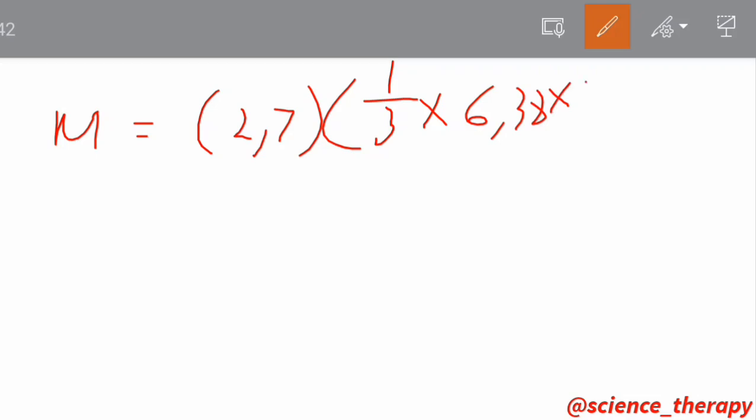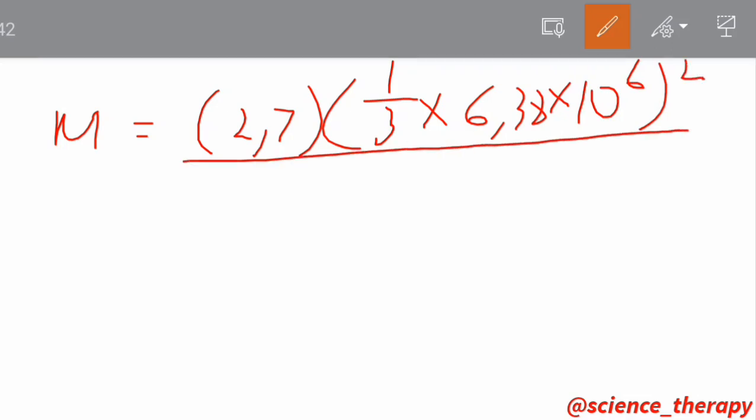Remember, you don't want to round off anything before you get to the final answer. Which is why I'm showing you all this, so that you punch everything all at once in your calculator to avoid rounding off values. Then 6.67 times 10 to the power of negative 11.